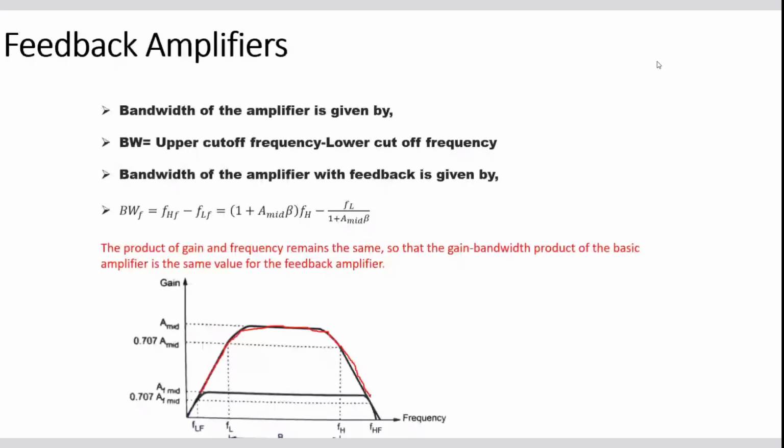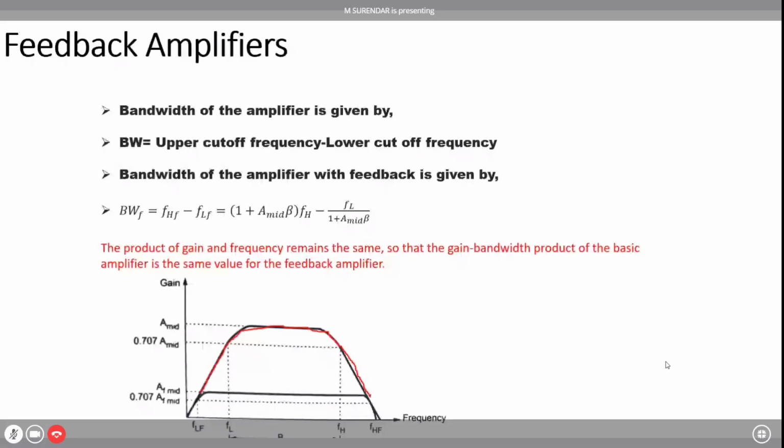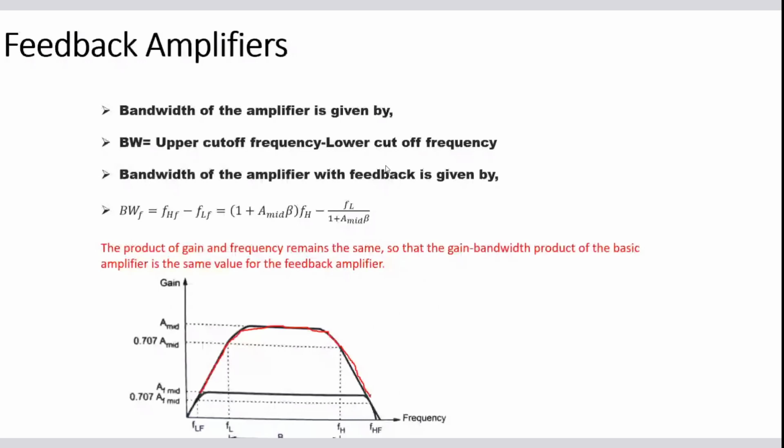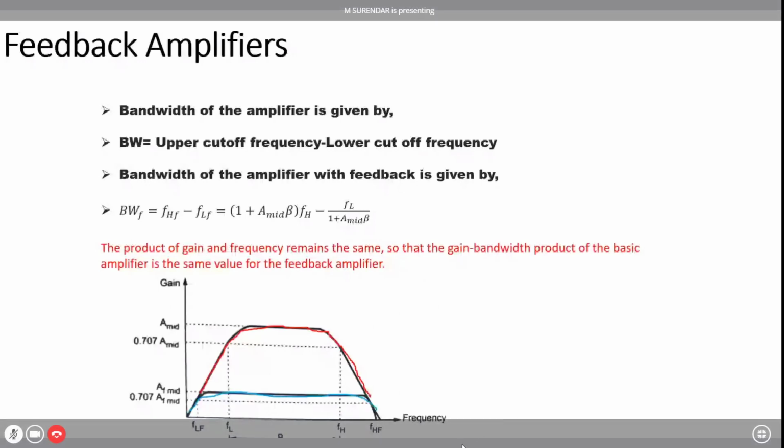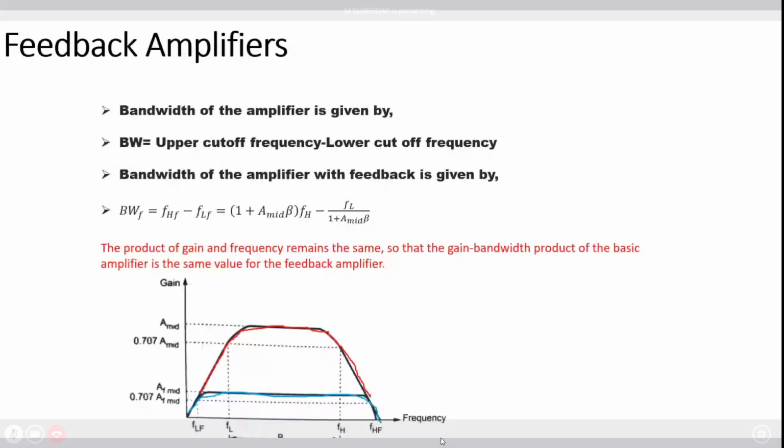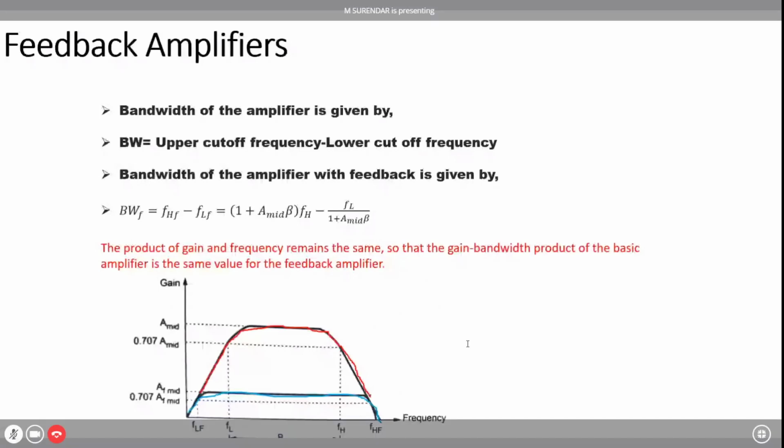That is without feedback, and the second curve here is the response after introducing feedback. The thing you can notice here is the gain is reduced, the gain is completely reduced, but the bandwidth is increased.